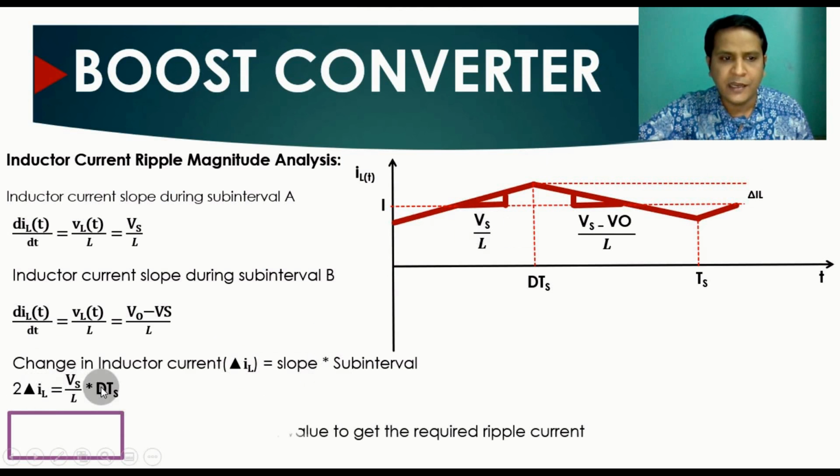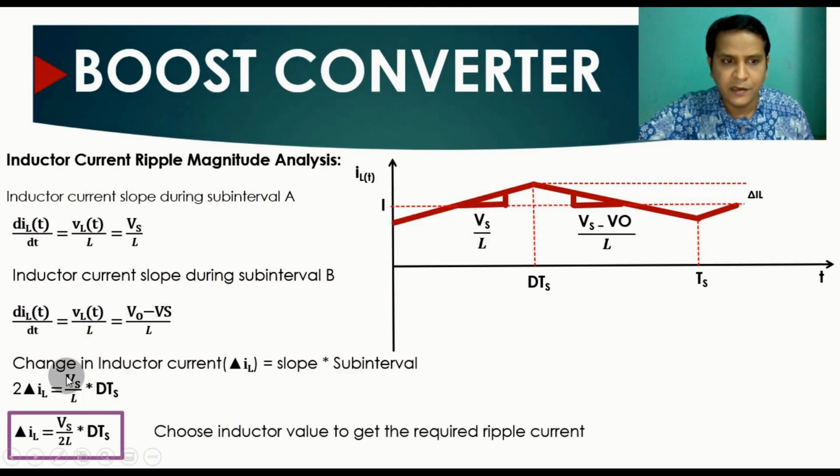And if you want to find out the inductor ripple current, this is a very interesting formula which has come right now: delta IL equals Vs divided by 2L into dTs.